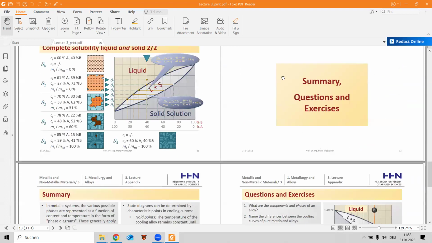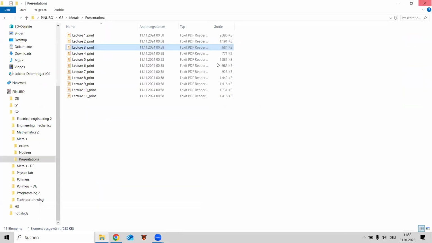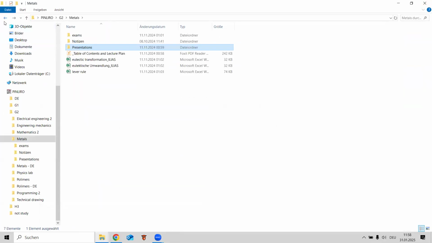So that's the end of the third part, and we can also look at this practical file about the lever rule.